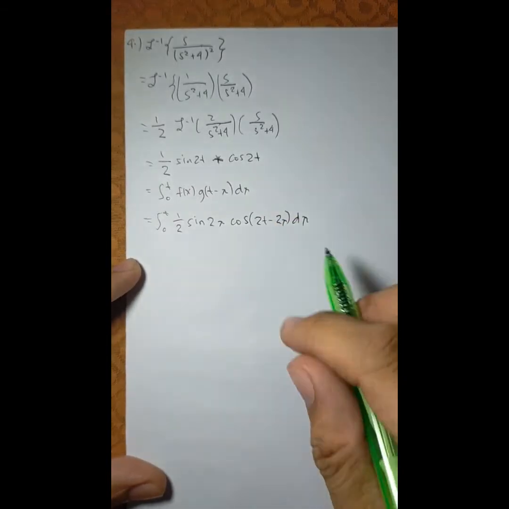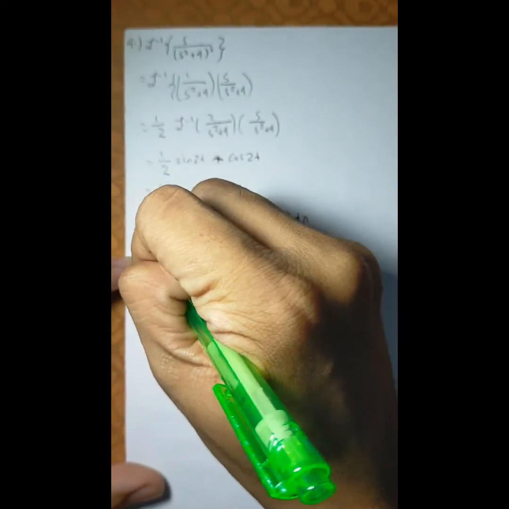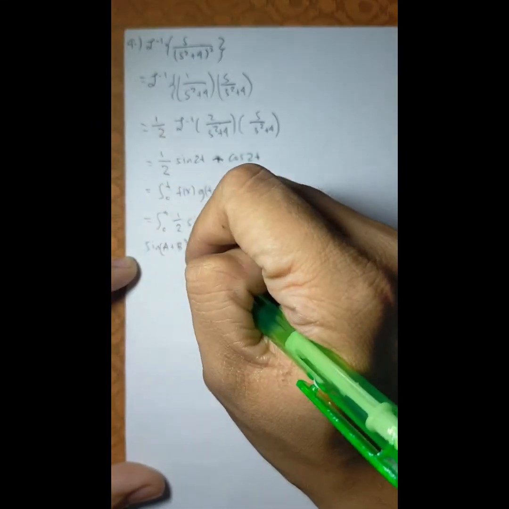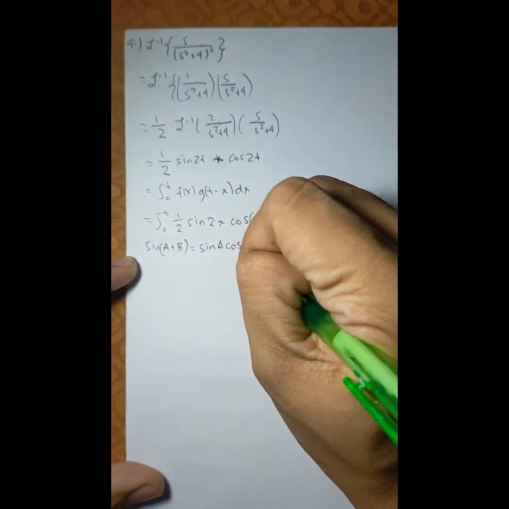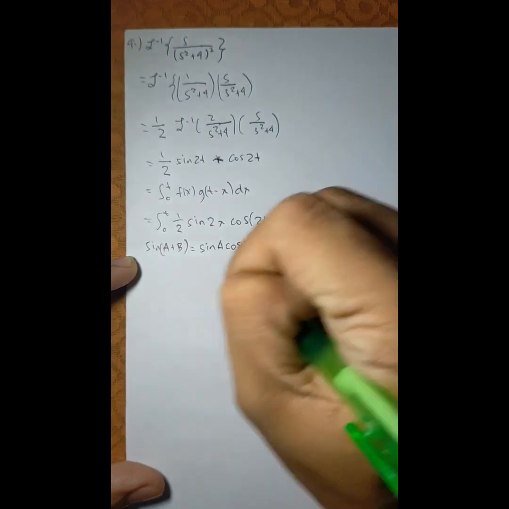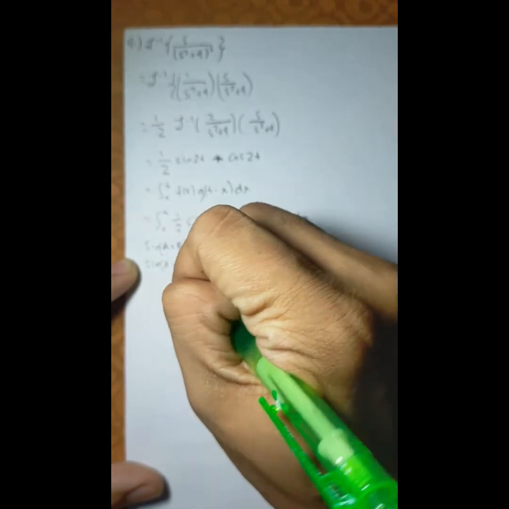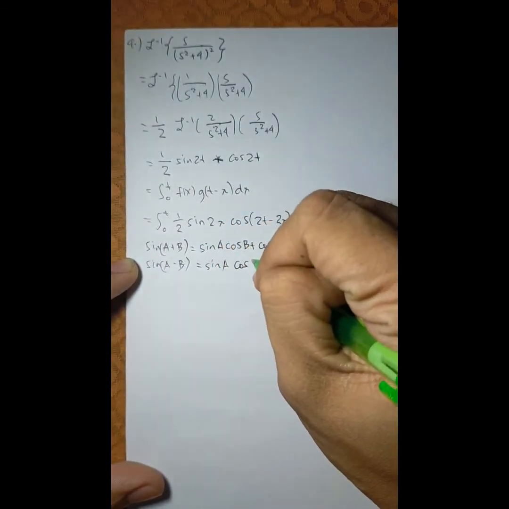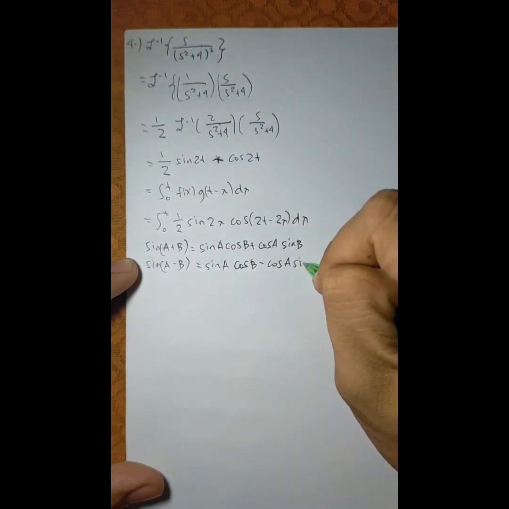So in our trigonometry, we have sine of a plus b is equal to sine a cos b plus cosine a sine b, and sine of a minus b is equal to sine a cosine b minus cosine a sine b.